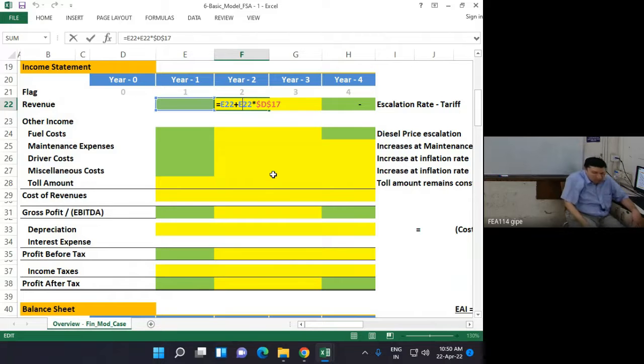Fill the entire income statement, use cell referencing, do not hard code any number, use dollar sign wherever required, and forecast the income. Make an attempt, read the assumptions once, और आप इनकम स्टेटमेंट बनाइए, और ग्रीन सेल्स जो मैंने दिखाया है उसमें क्या आंसर आपको आ रहा है एक बार मुझे so that I'll be able to guide you if you are on the correct track.